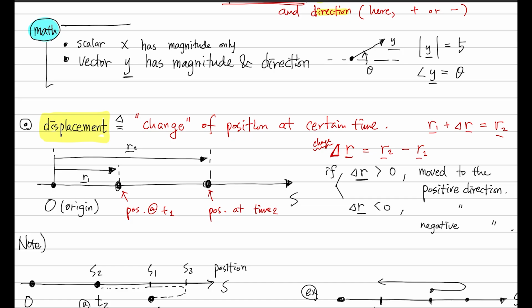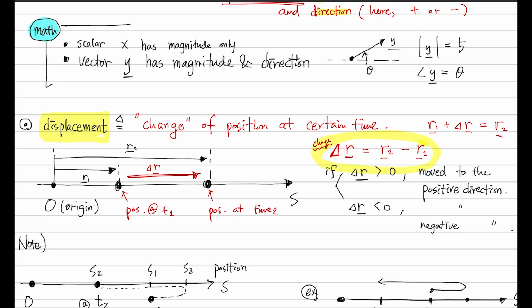Very straightforward, I think. So in this case, our displacement vector is going to be like this. Okay? So this is something you'll want to remember. Or you can think like this. At time 1, it was here, and then it changed. So at time 2, it has a position over there.